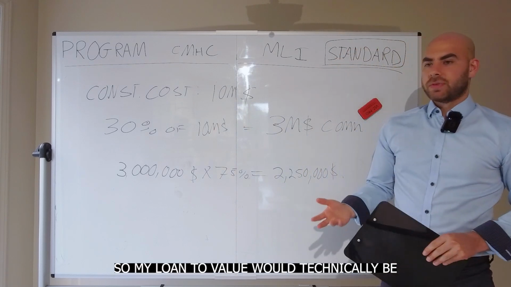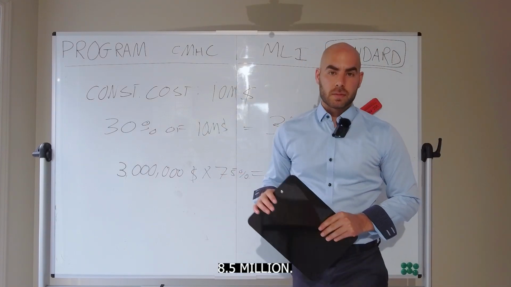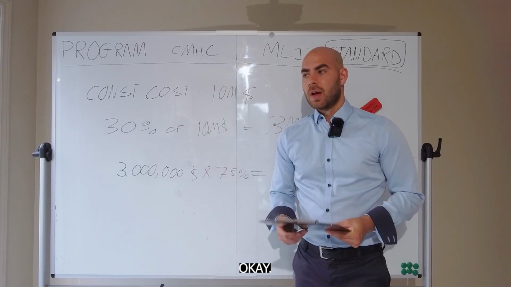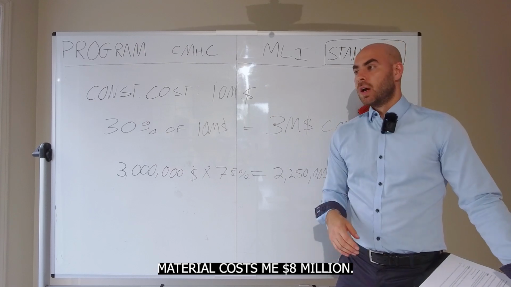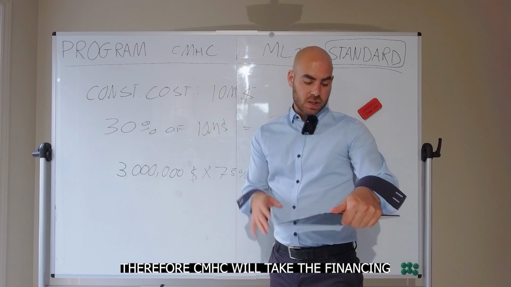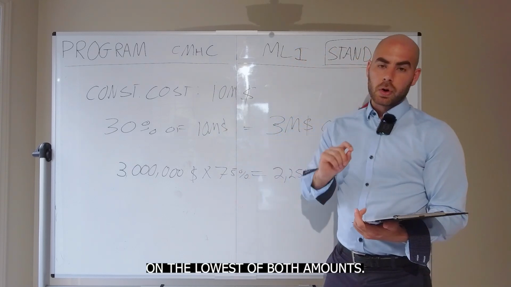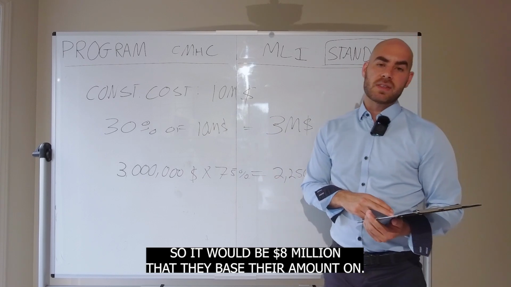So my loan to value would technically be 8.5 million. So that would be my financing at 85%, okay? However, the construction material costs me $8 million. Therefore, CMHC will take the financing on the lowest of both amounts. So it would be $8 million that they base their amount on.